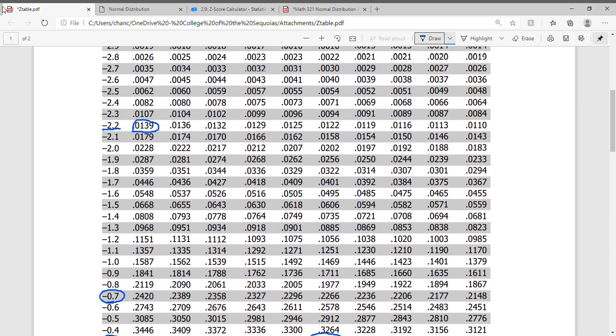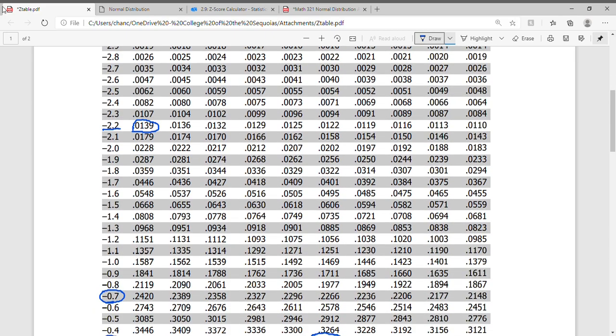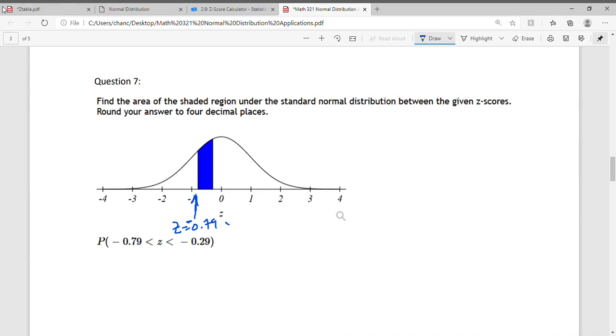And for the column, we're going to look for 0.09. So let's intersect the row and the column to find the area to the left of negative 0.79. That is 0.2148. So the area to the left is 0.2148, and that's to the left of negative 0.79.